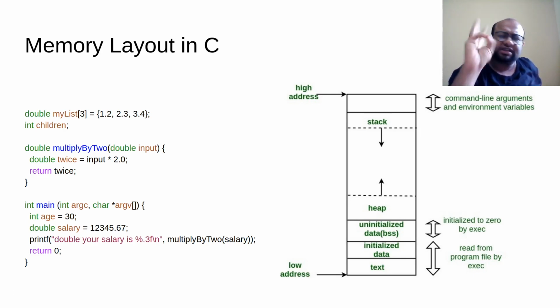So age has to be allocated 4 bytes, salary has to be allocated 8 bytes. So in total I should allocate 12 bytes of memory to main. Then for multiply by 2, I have to allocate 8 bytes. So your compiler is going to look at your code and understand the amount of memory that it should allocate to this function. It is very easy for your compiler to figure this out.